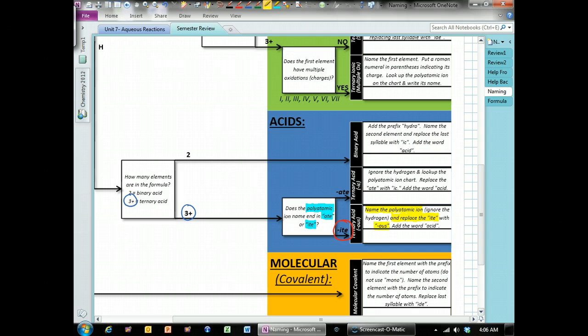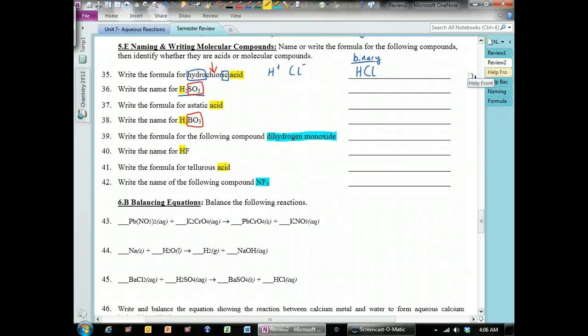So instead of sulfite, we're going to call it sulfus. But sulfur is one of the exceptions to dropping the last syllable. For some reason, they keep the whole word, so instead of sulfus, it's called sulfurous. And then add the word acid.